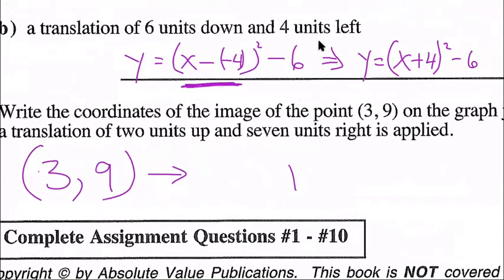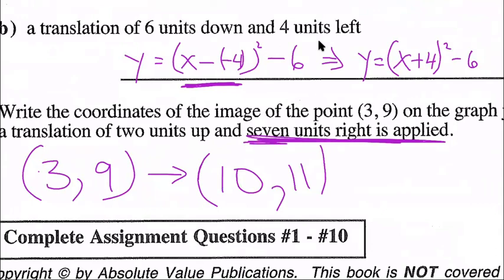So I'm going to go 11 for the y value. And 7 units right. 7 units right from 3 is 10. So I've just moved that point 2 units up and 7 units right. Normally we would talk about left and right first because it is x, and then up and down second because that is y. We always like to talk about coordinate stuff as x, y.